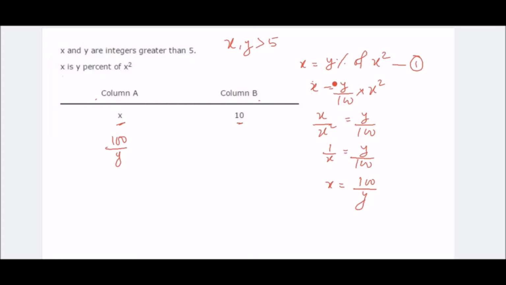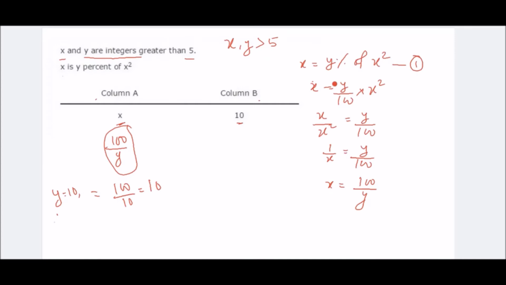So from the above condition y is an integer greater than 5, right? And x is also an integer. So whatever value x comes to, it should be an integer and y should be greater than 5. But it perfectly divides 100. So what are the possible values of y? 10, right? So x becomes 100 by 10 is equal to 10.